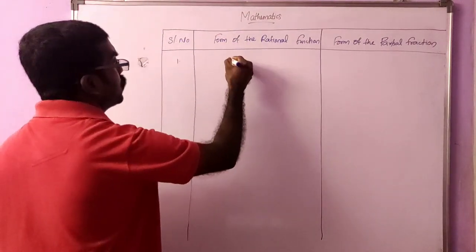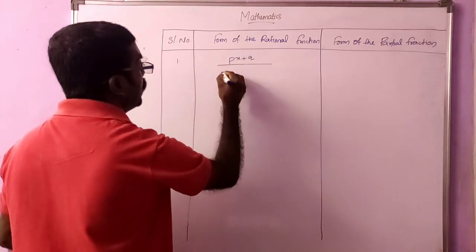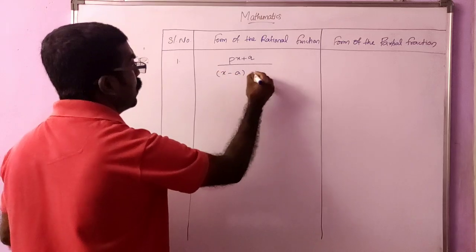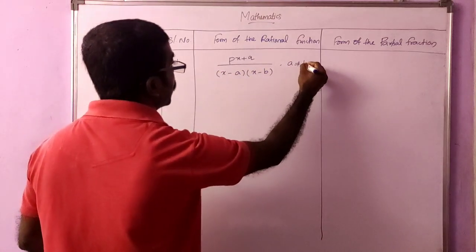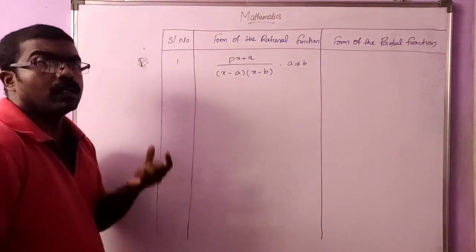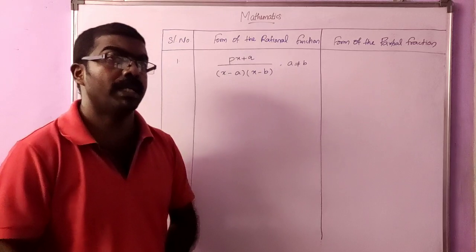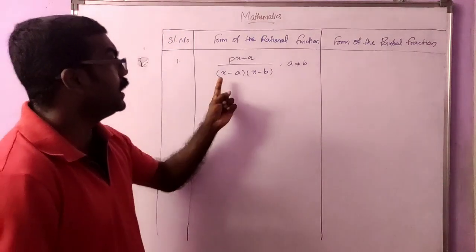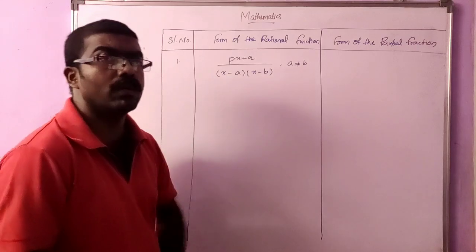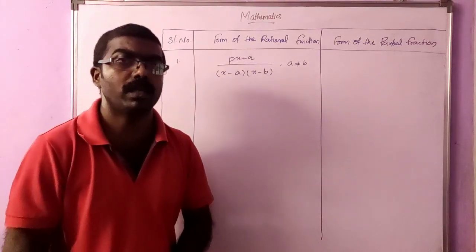the integrand is of the form px plus q divided by x minus a into x minus b, with a not equal to b. That means non-repeating linear factors in the denominator. Here it is x minus a and x minus b.